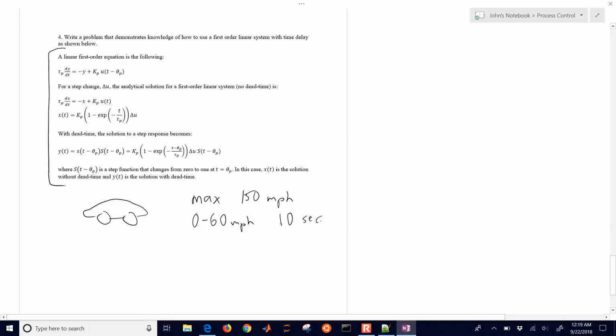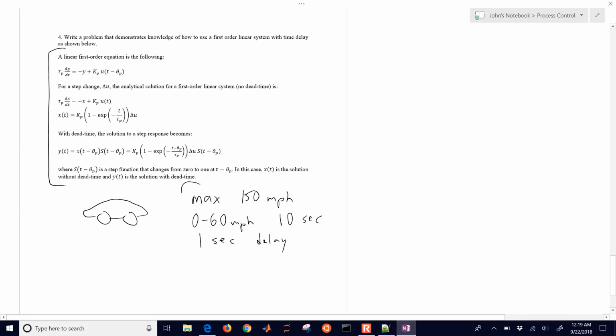And then you also asked him, when you punch the gas pedal, how long does it take to respond? He says there's a 1 second delay just as the turbocharger is ramping up before the car starts lurching forward. So 1 second delay there.